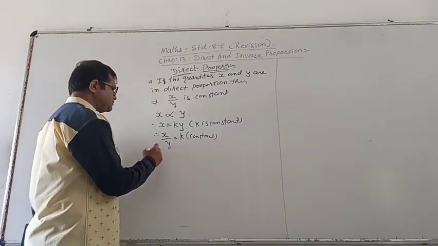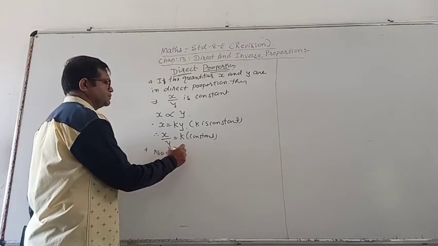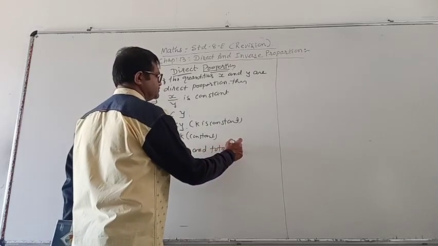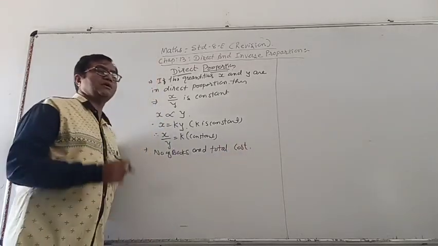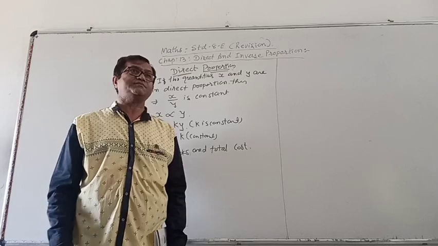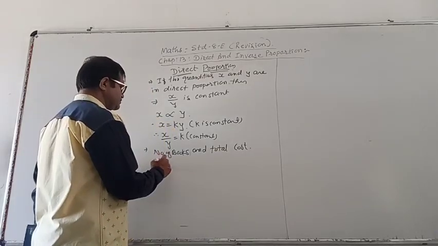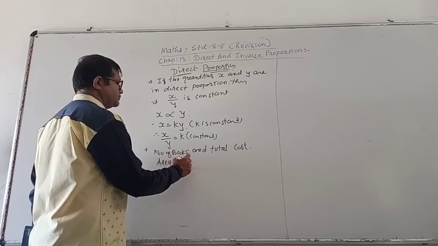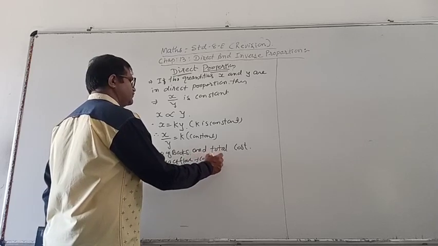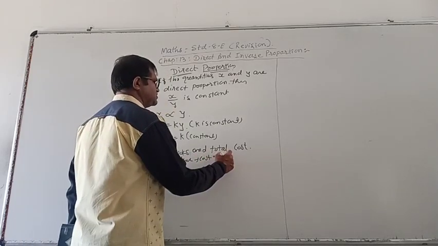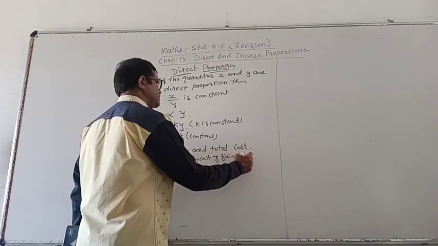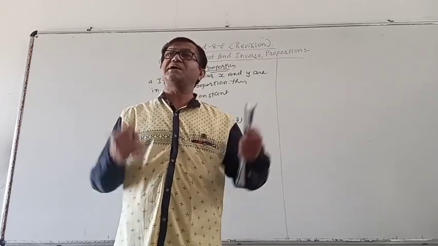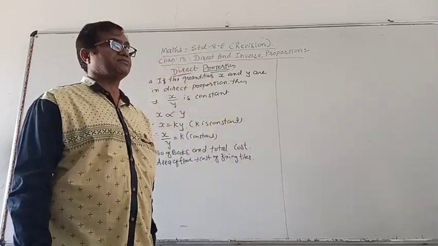And I will give you examples. The number of books and total cost have the relation of direct proportion. Similarly, the area of a floor and the cost of fixing tiles. If the area is bigger, the cost will be bigger. If the area is less, the cost will be less.